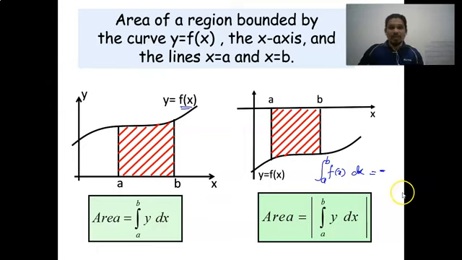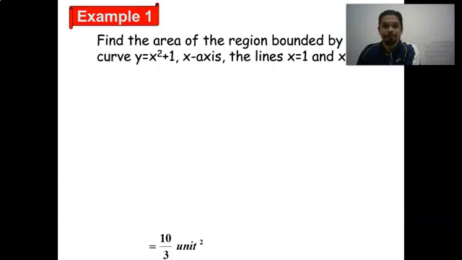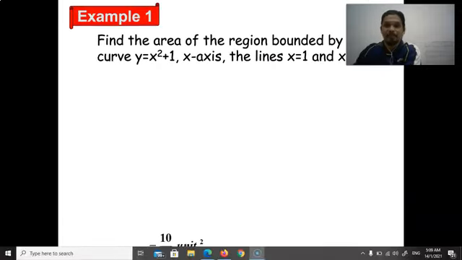It's not a negative area; the negative shows the location of the area, which is below the x-axis, where area must always be positive, right? So the negative doesn't show the size of the area, but a position below the x-axis. That's why we come up with the sign of absolute values.